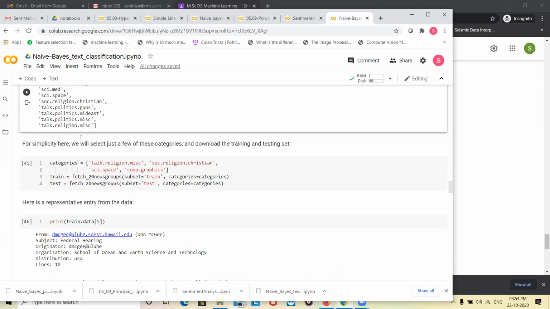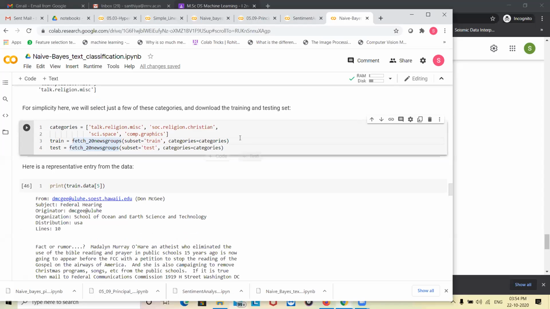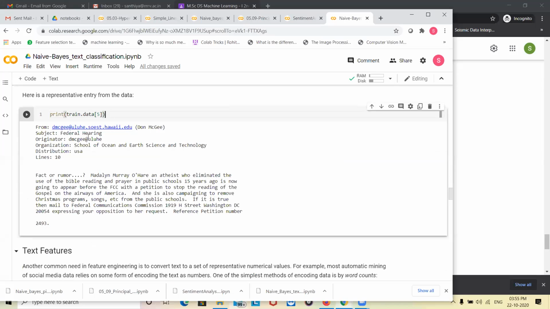In our application, we're just selecting a few categories. We're taking 4 of them for our analysis, and we are splitting them into train and test. This is just a look at how the dataset looks. One sample in the dataset is like this.